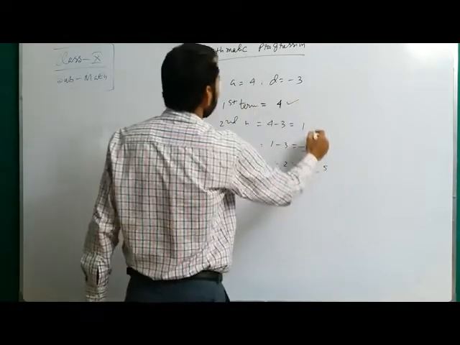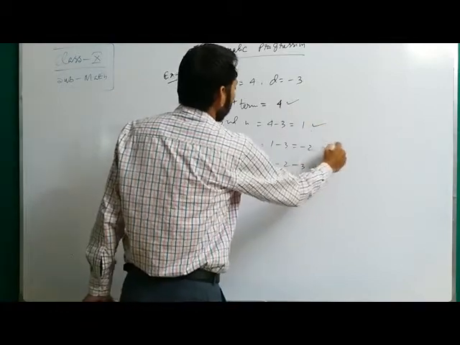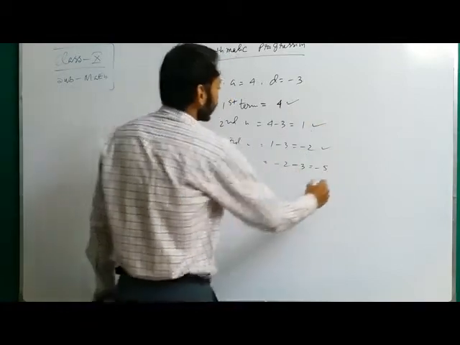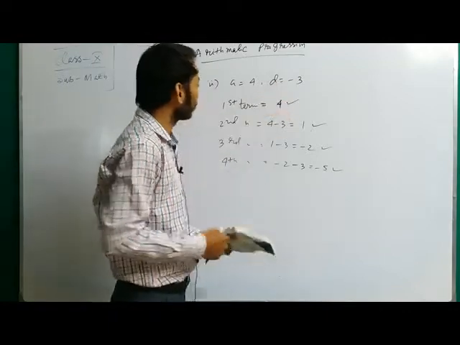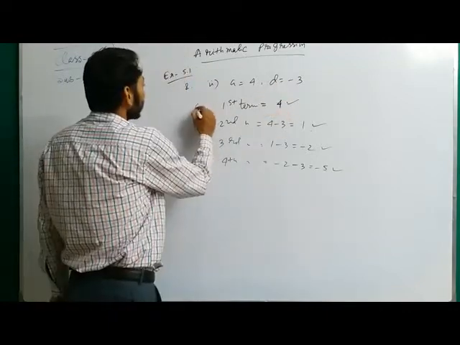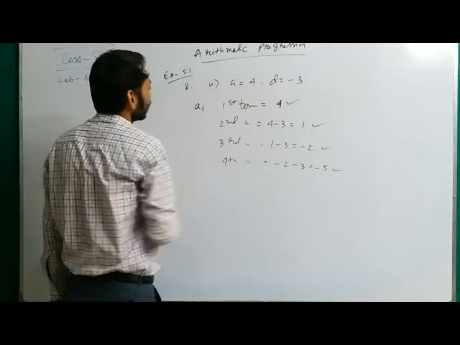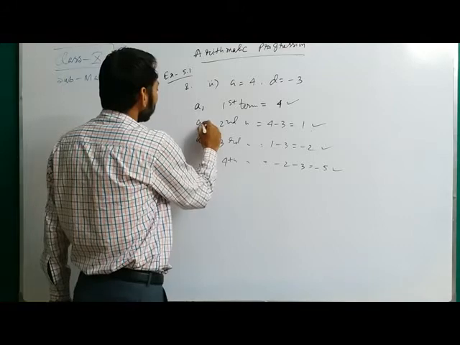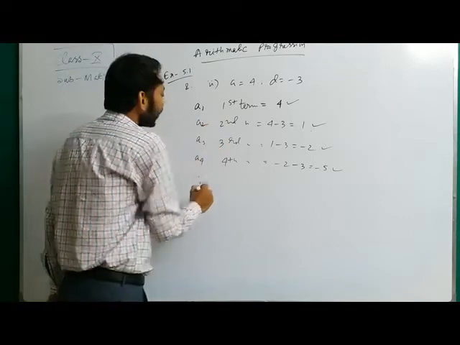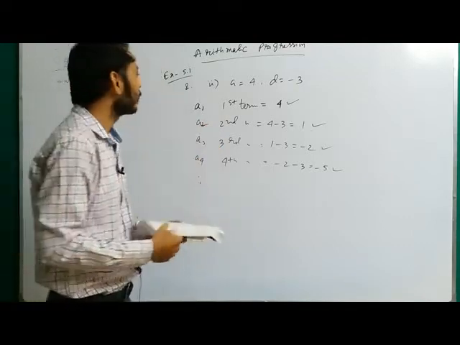First term is 4, second term is 1, third term is minus 2 and the fourth term is minus 5. Here with each term minus 3 is added. You know that the first term is written as A1, second term A2, third term A3, fourth term A4 and so on, fifth term A5, in this way.